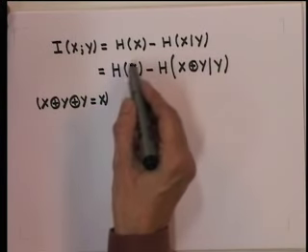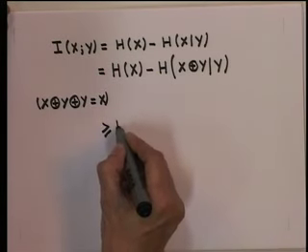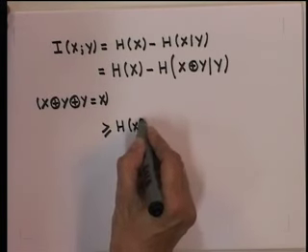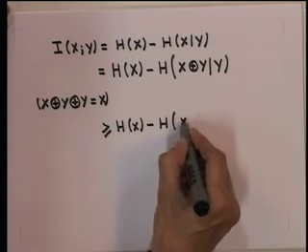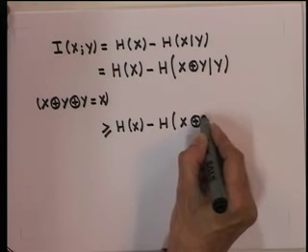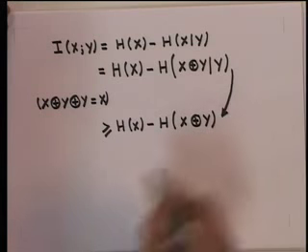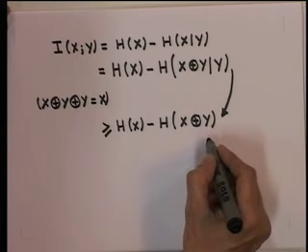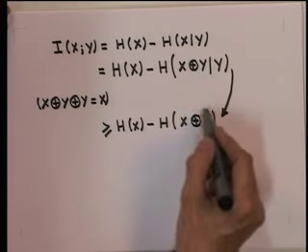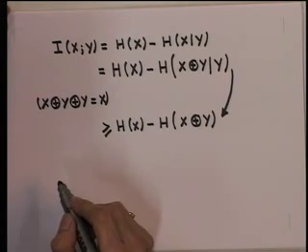Now, this can be written as entropy of x minus entropy of x XOR y. From here to here, we use the relationship that the conditional entropy is always less than the entropy.